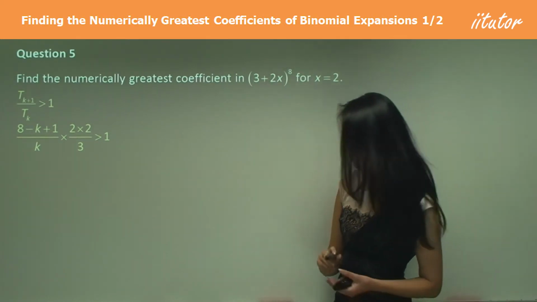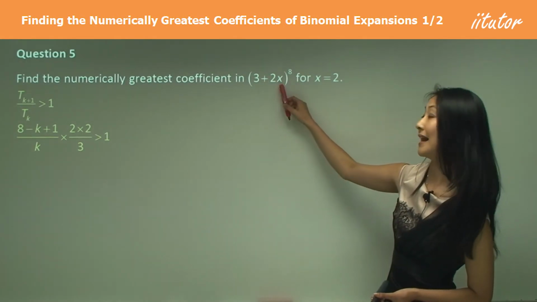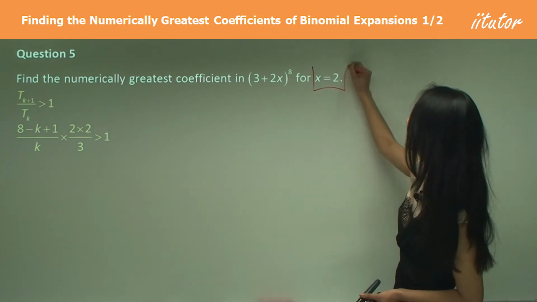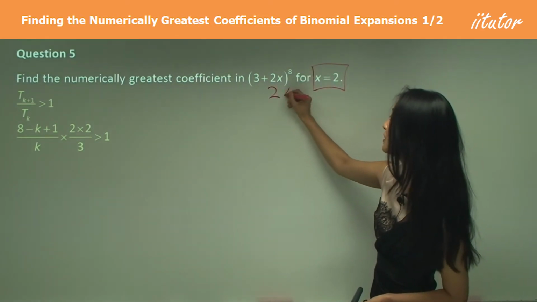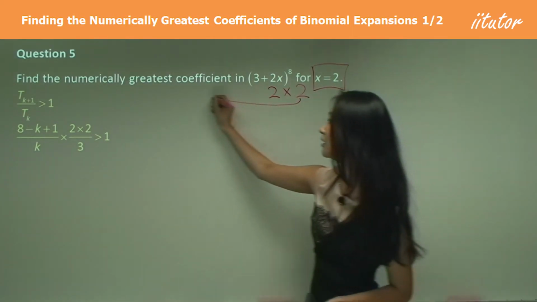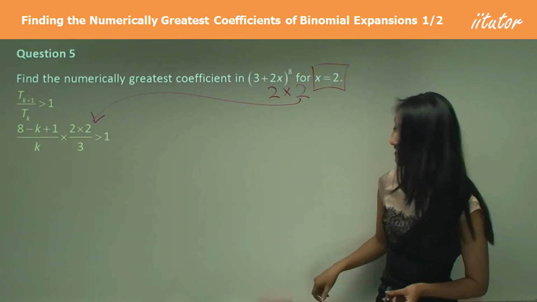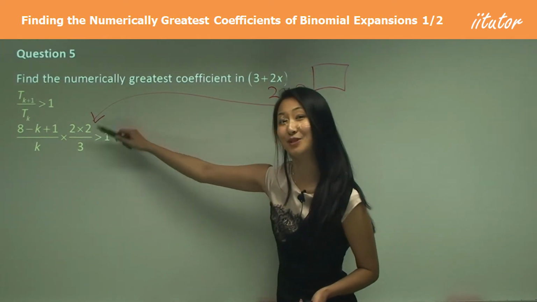The only difference is now that we have b times that x, and this is where we substitute in this number. So this x equals 2, this becomes 2 times 2, and that value is substituted in there now. Can you see that? Good. So that's really the only difference, that this value here you substitute in.